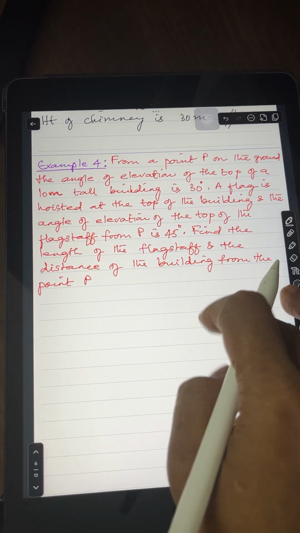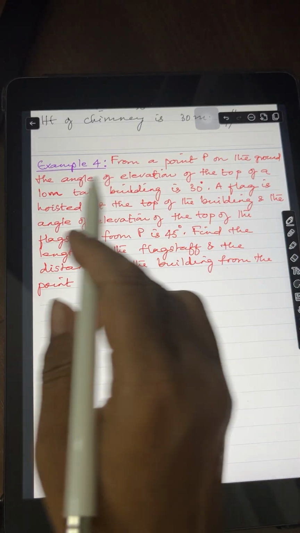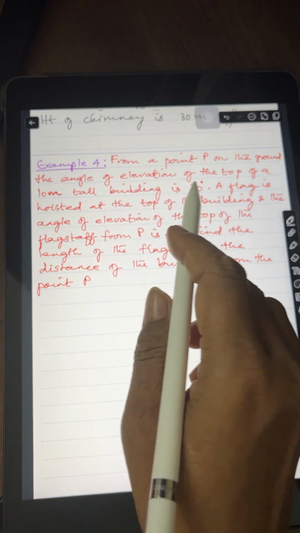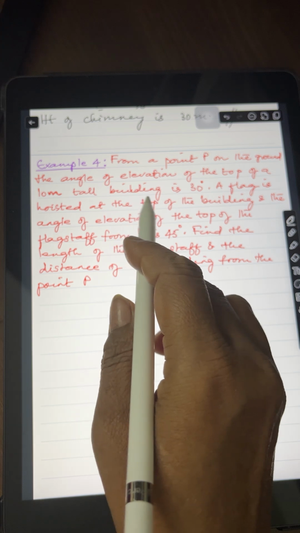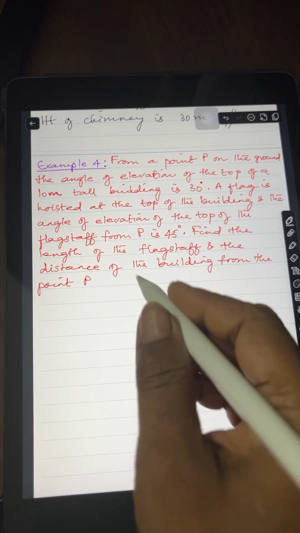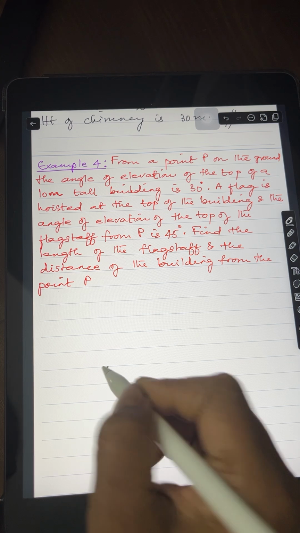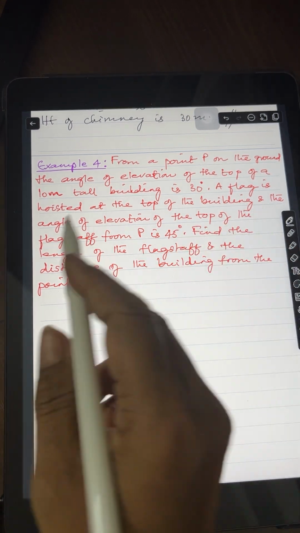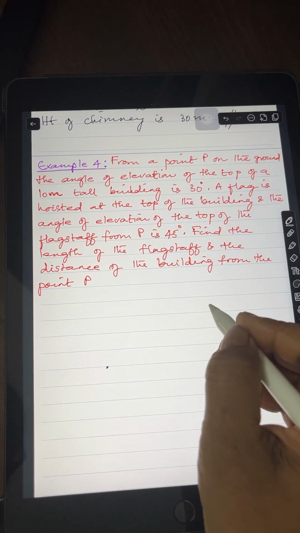The next one. From a point P on the ground, the angle of elevation of top of a 10 meter tall building is 30. Suppose a point P is this. On the ground, the angle of elevation of top of 10 meter tall building.